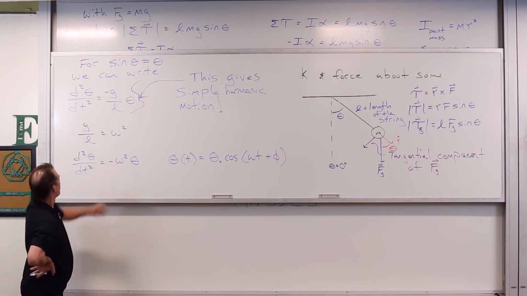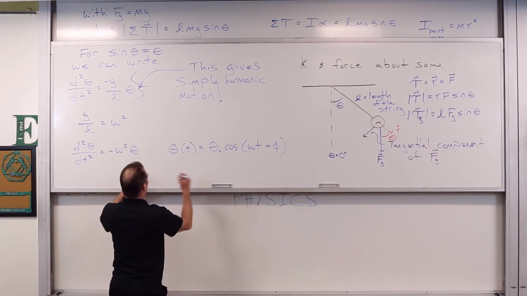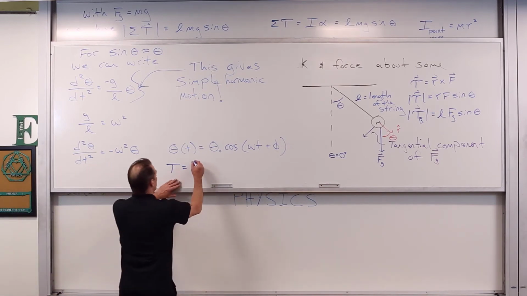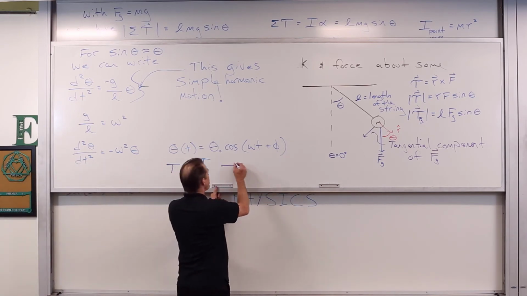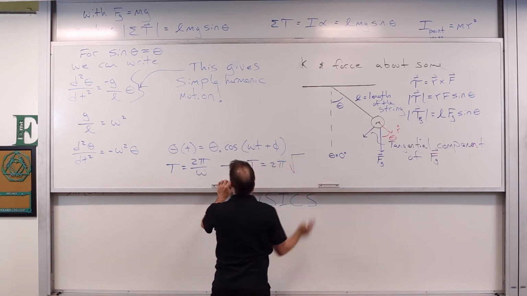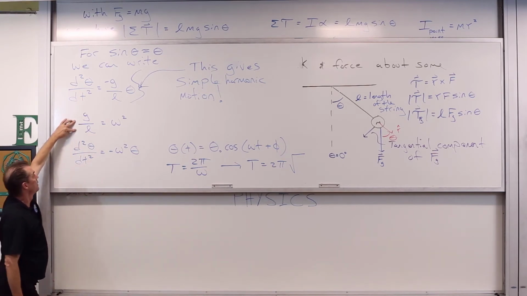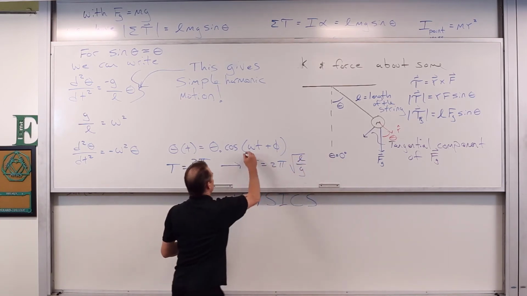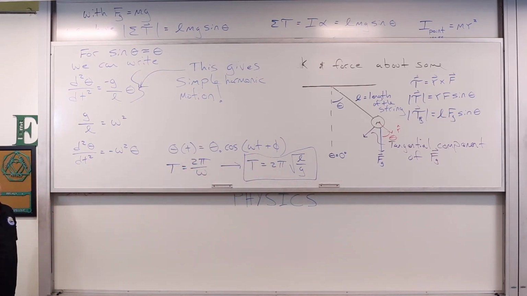It's omega squared is g over L. All right, so what we can get out of this, we know the period of oscillations is going to be equal to 2 pi divided by omega, which now for our pendulum says that the period is equal to 2 pi times the square root of L over g. There we go. Got ourselves the period of the oscillations.